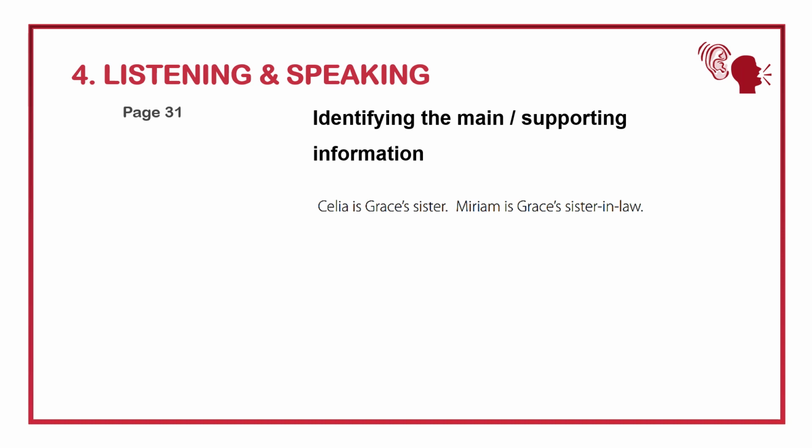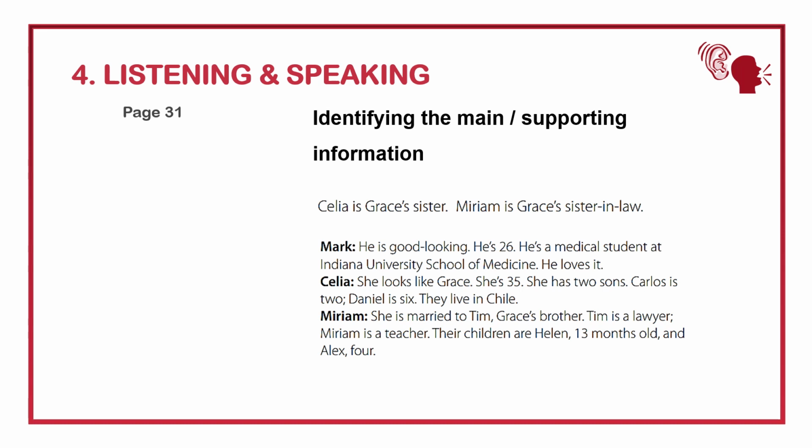So what I have here for the information about Mark, for example, he's good looking, he's 26, he's a medical student at Indiana University School of Medicine, and he loves it. We have some information about Celia. She looks like Grace. She's 35.